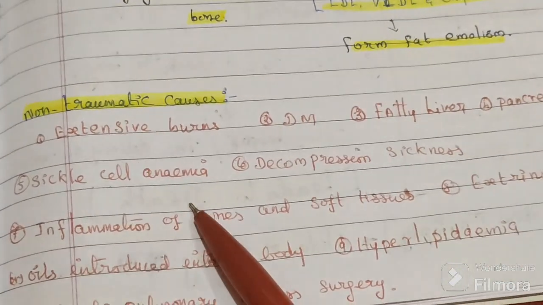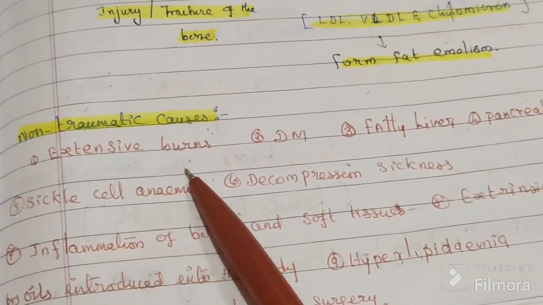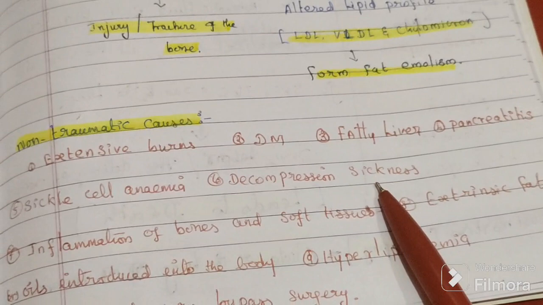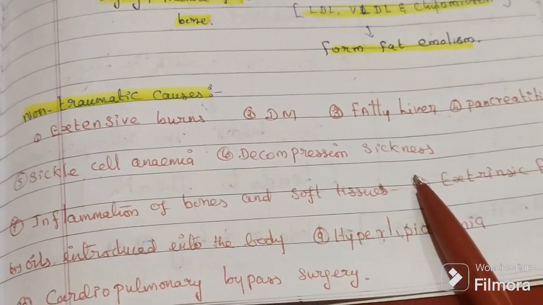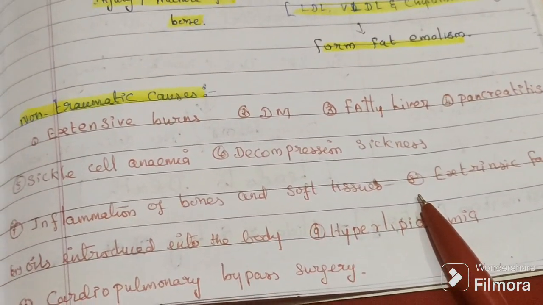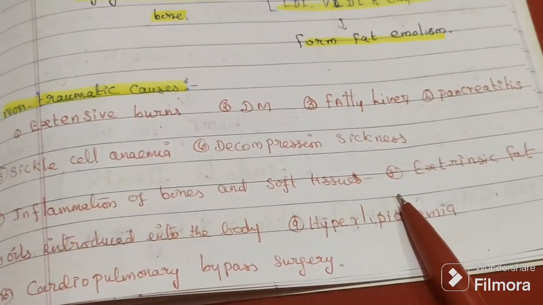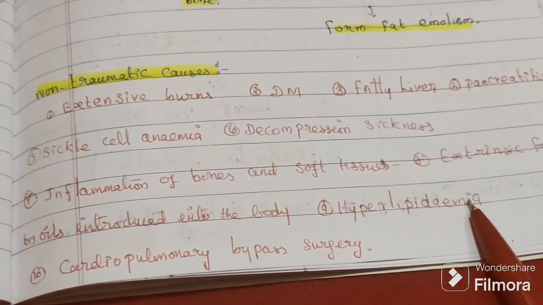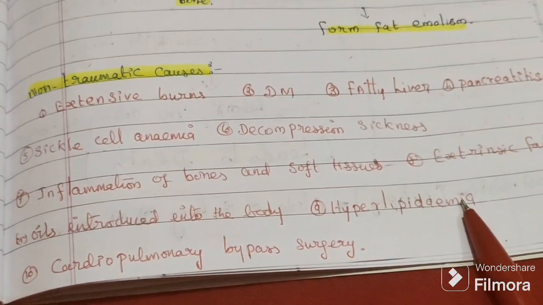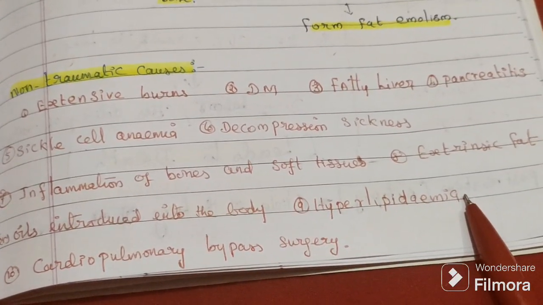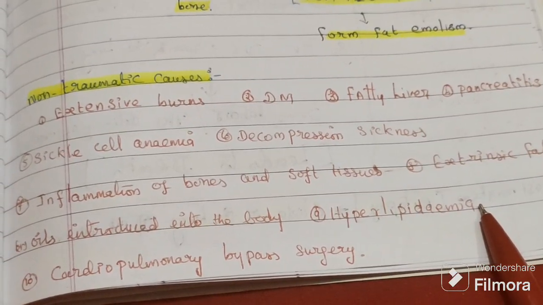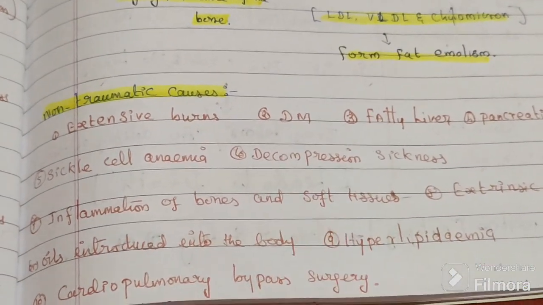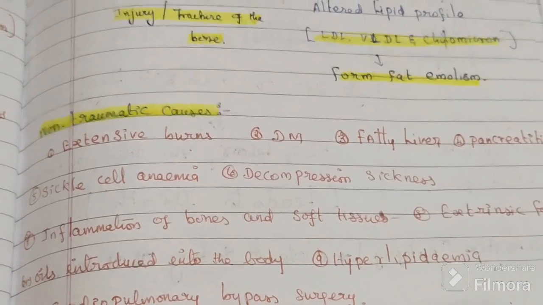These are the causes: extensive burns, diabetes mellitus, fatty liver, pancreatitis, sickle cell anemia, inflammation of bone and soft tissue, extrinsic fat or oil introduced into the body, hyperlipidemia, then cardiopulmonary bypass surgery. These are the ways it forms a fat embolism.